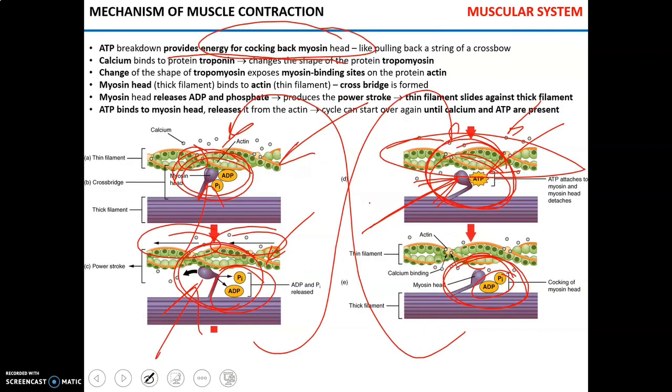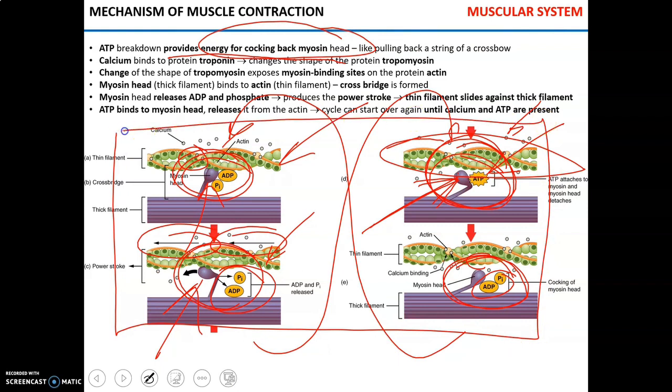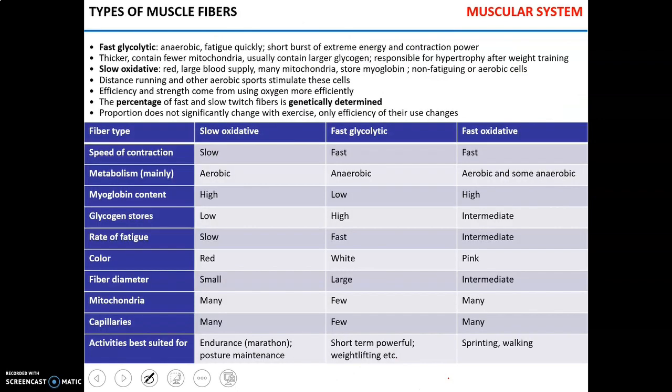The contraction phase is here, and then when calcium is gone or ATP is gone, that's going to be the relaxation period. So you can basically depict the graph of the muscle contraction like this: lag period, contraction, relaxation.